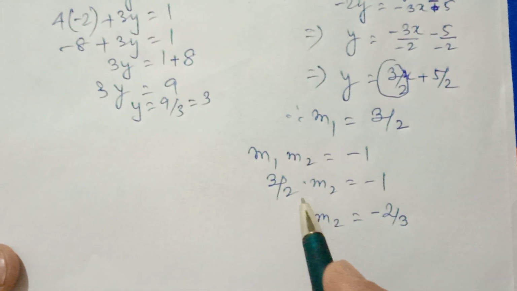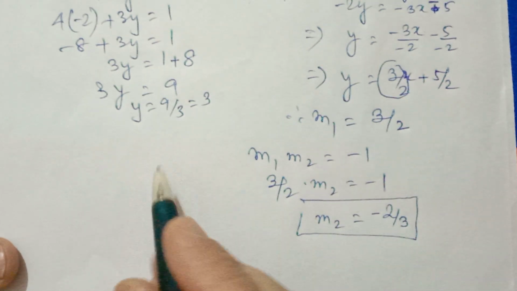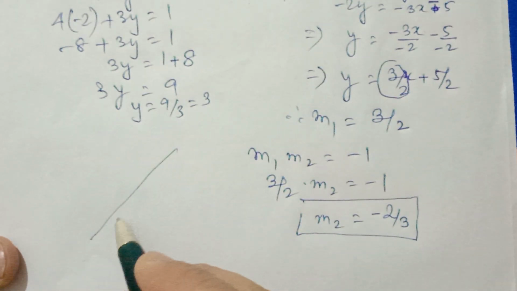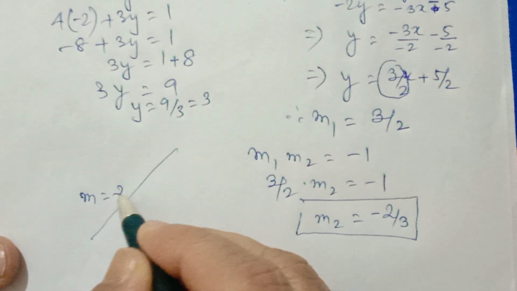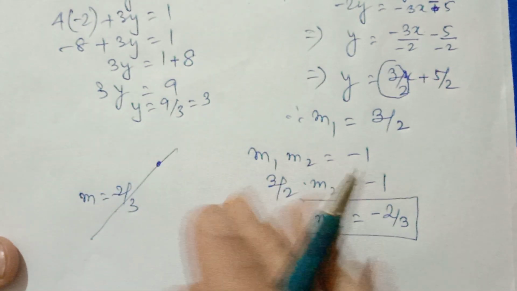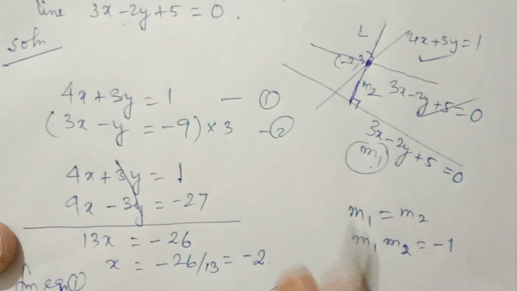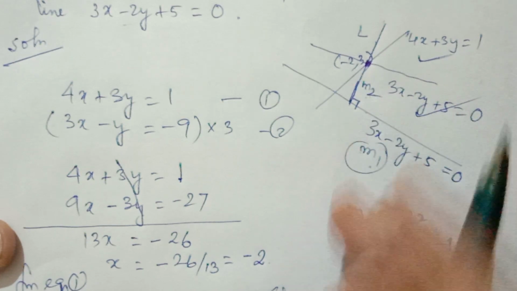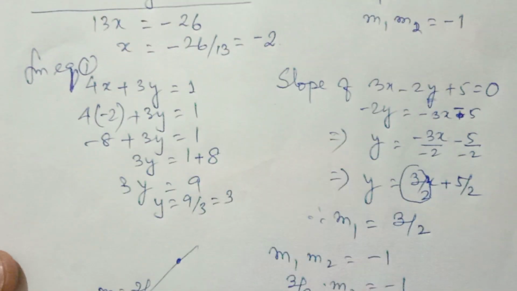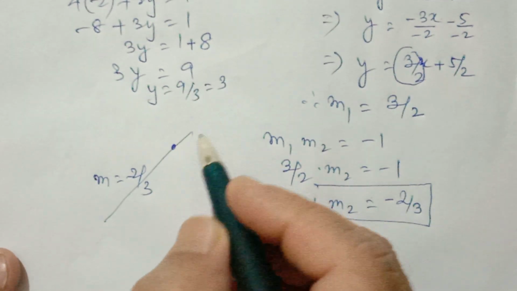So now we have the values for the equation. We have that this line having slope m equal to minus 2 by 3 and passing through this point, minus 2, 3. We have got the slope of this. So now we have sufficient information to get the equation.